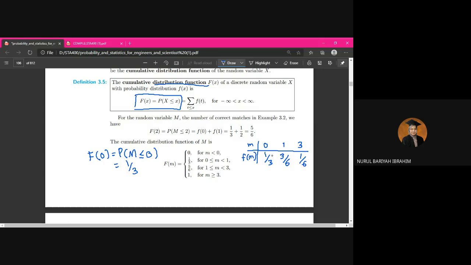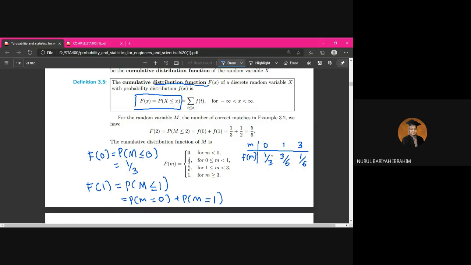Okay, and then how about F1? It will be probability of capital M less than or equal to 1. So it will be probability of M equal to 0 plus probability of M equal to 1.